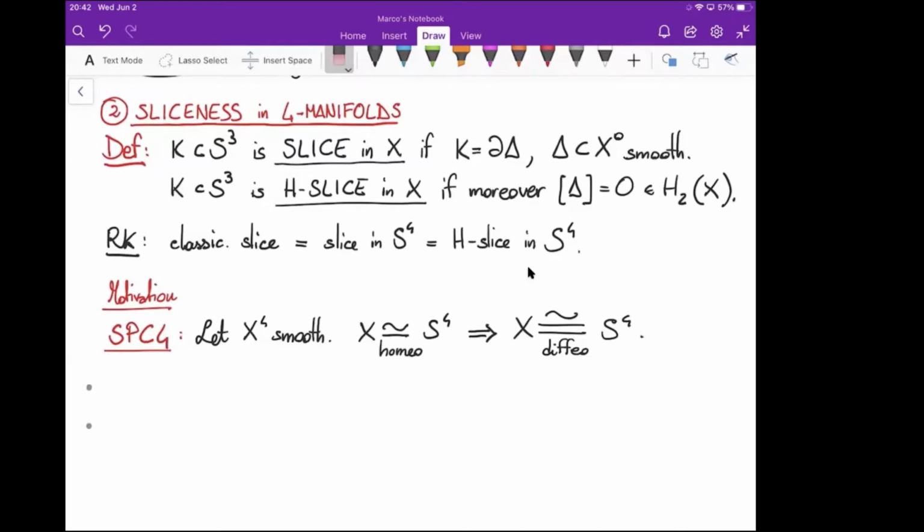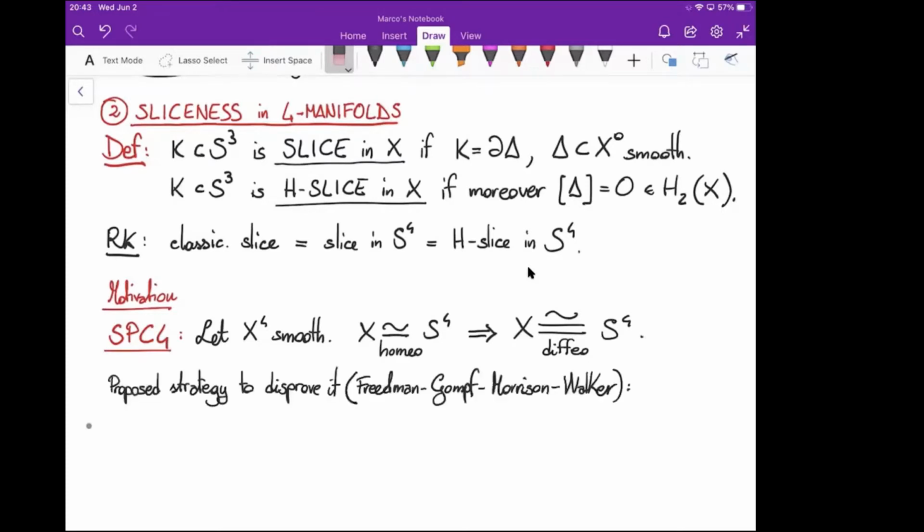Given a closed four-dimensional smooth manifold X, the smooth Poincare conjecture in dimension 4 says, in one of its equivalent forms, that if that four-manifold is homeomorphic to S4, then it is actually diffeomorphic to S4. And people don't seem to know whether it's true or not.